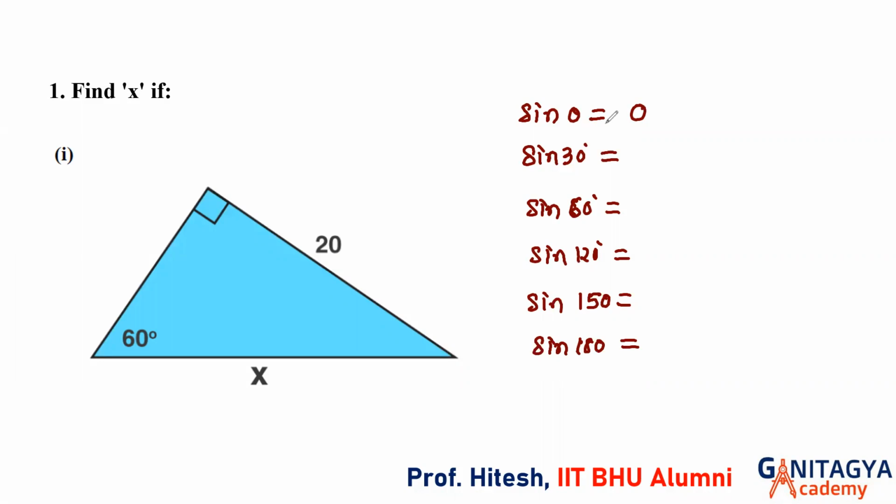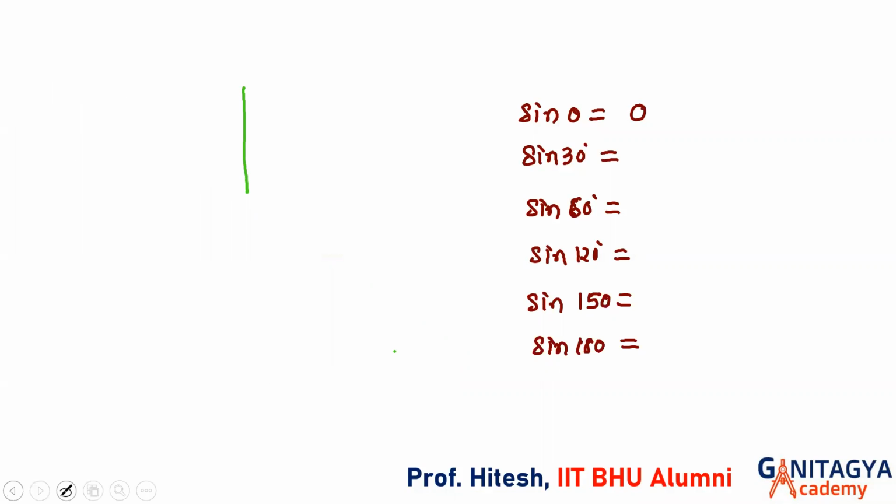To always remember this, let me give you one curve that will give you the exact information. Let me first discuss this and then we will go to the question. This is called the sine curve, what I am plotting.